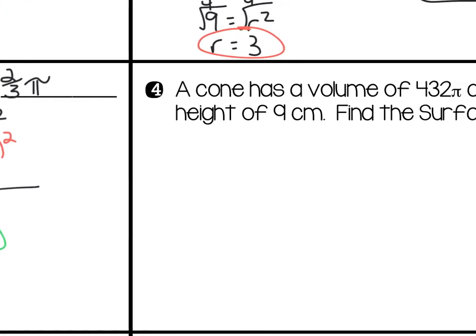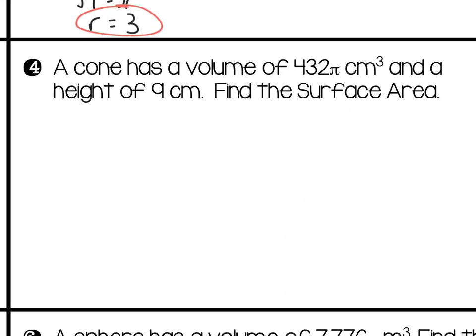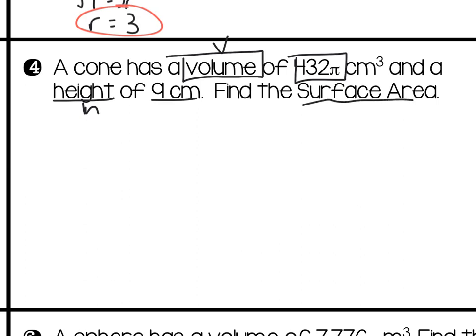Next we have another word problem. A cone has a volume, so V equals 432 pi, and a height, so H is 9. Find the surface area. So my surface area formula for a cone is pi radius slant height plus pi r squared.